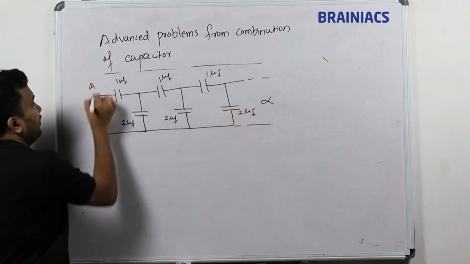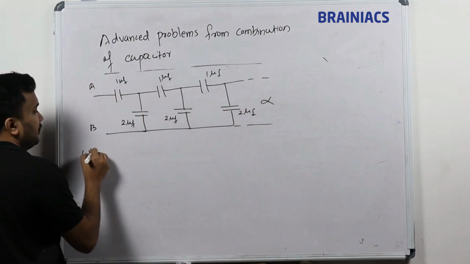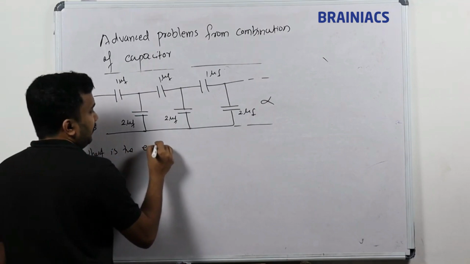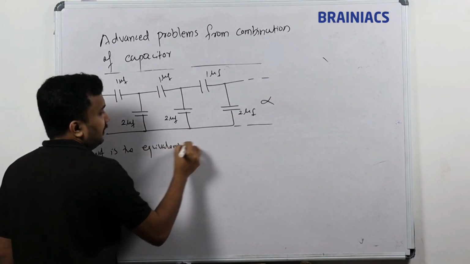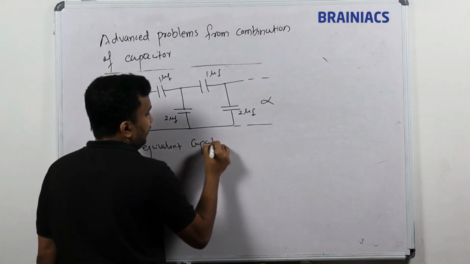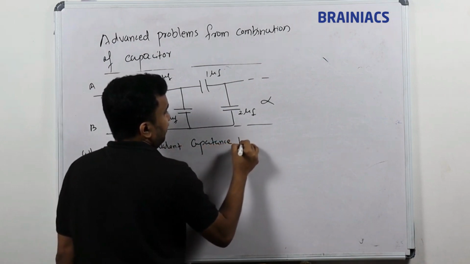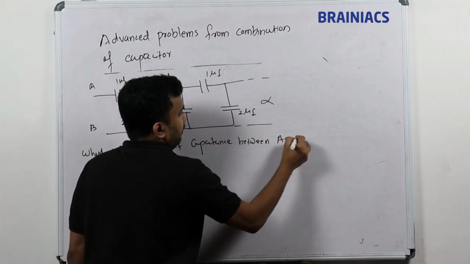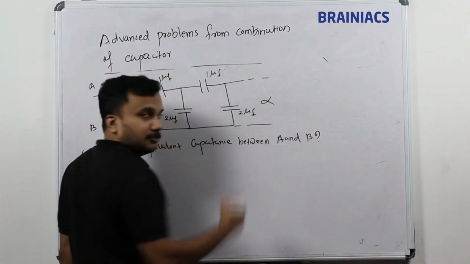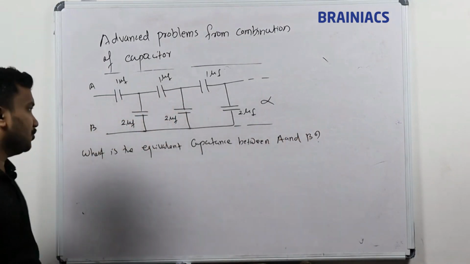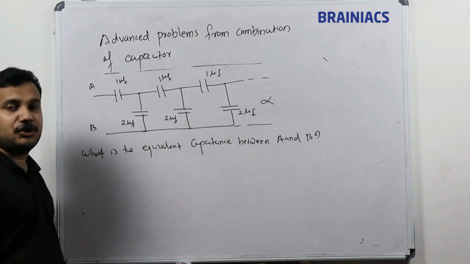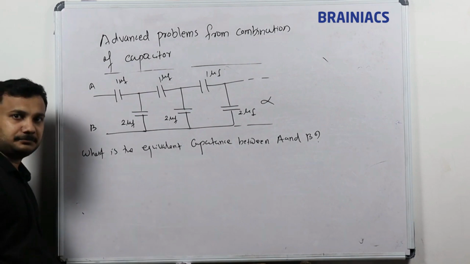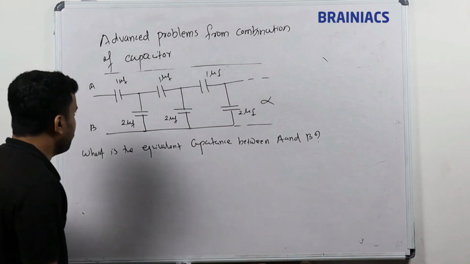The points will be here, A and B. So the question is, what is the equivalent capacitance between A and B? Whatever we have solved now, the same question, but the diagram is changed. This is what we are going to solve.